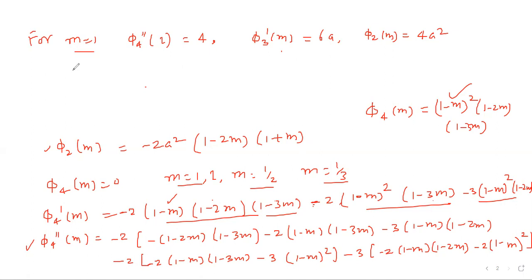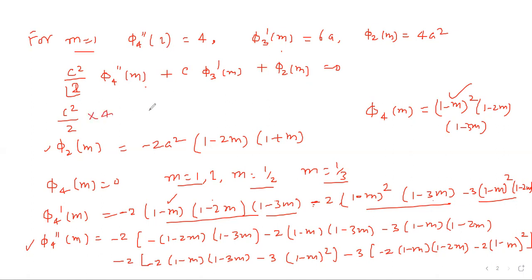So we can get the value of c by c square by factorial 2 times phi 4 double dash m plus c times phi 3 dash m plus phi 2m equal to 0. We can put the values. So c square by factorial 2 is 2. Phi 4 double dash m is equal to 4.